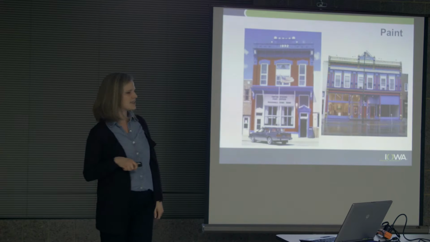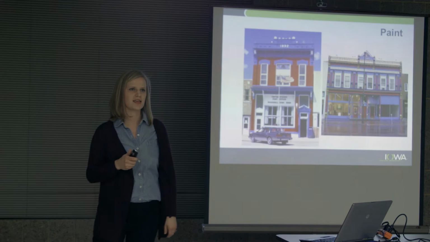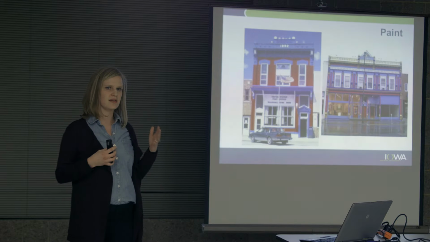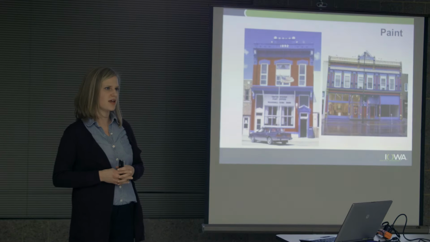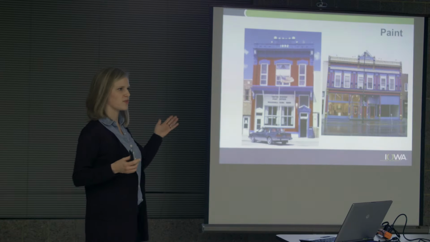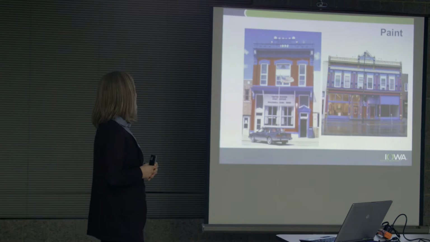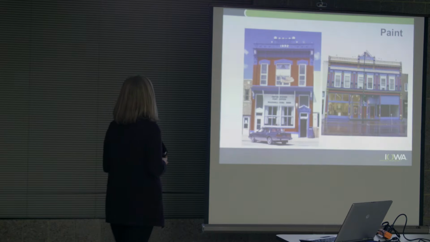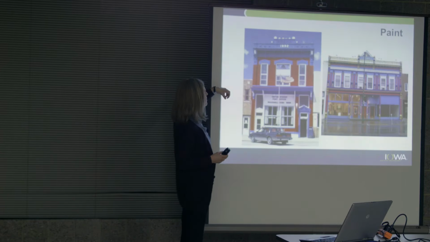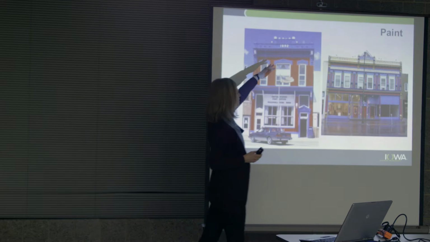So paint is one of those things that we use a lot of because it's a pretty easy, relatively low-cost solution that can make a big impact, for better or for worse sometimes. You can see in these examples that they've used paint to highlight some of these building details we've talked about, up on the cornice, the window hoods.